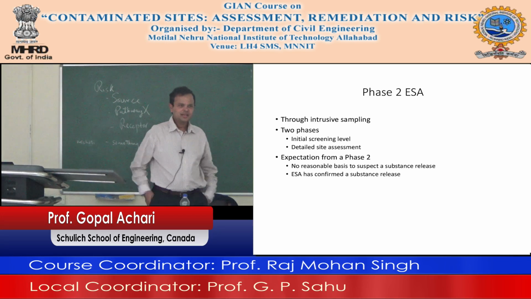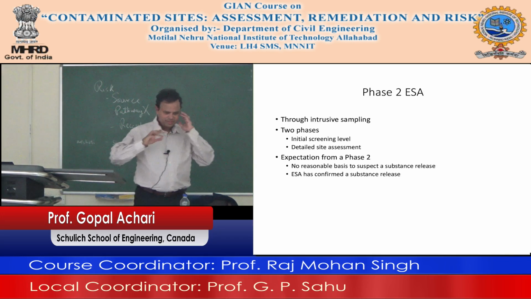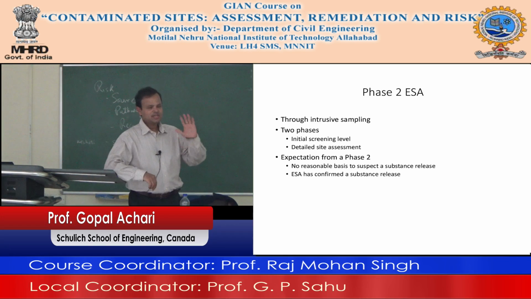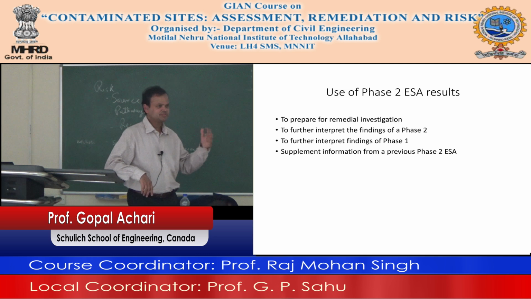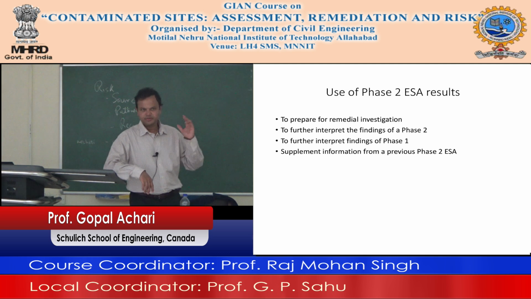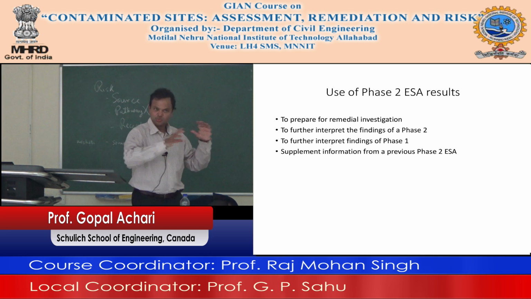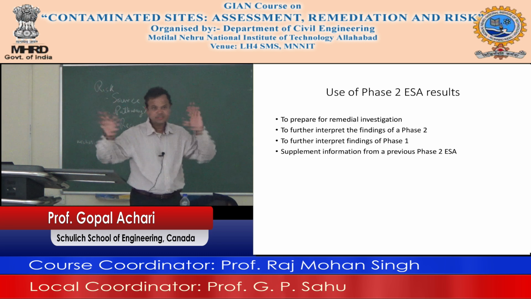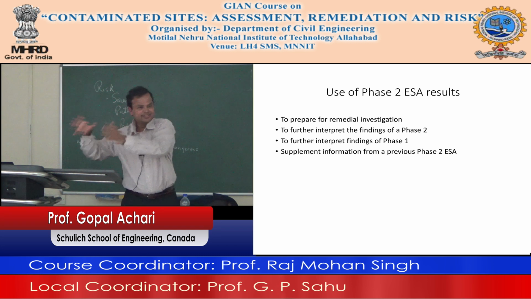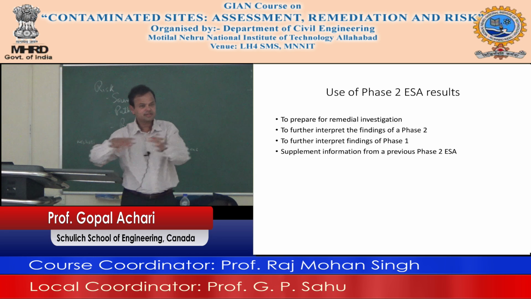You want somebody to tell you at the end of phase 2: this is the contamination, this is where it happened, this is the geologic condition of that site, this is where the water table is, 5 meters from the surface, 3 meters from the surface, the soil is clay loam or whatever, it's petroleum, it's whatever. You need all that. This is the area, not all over the map. This is the area, and this is the other area. Here it is metals, here it is hydrocarbon.